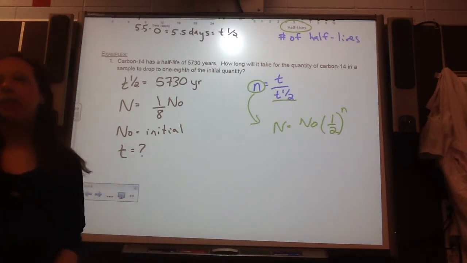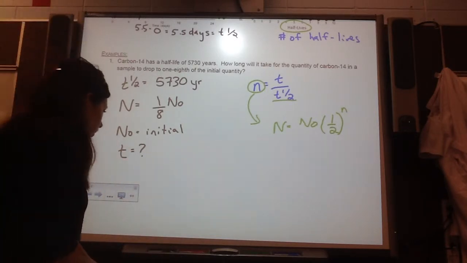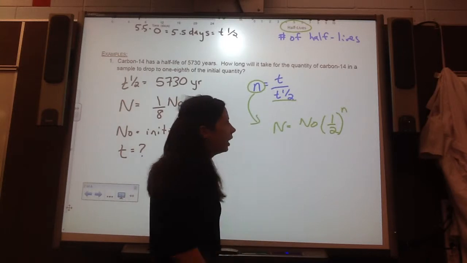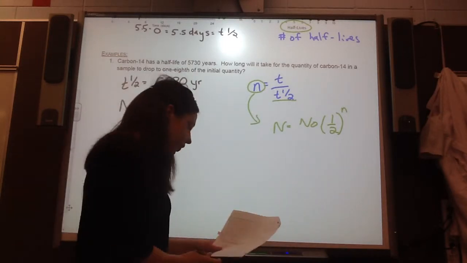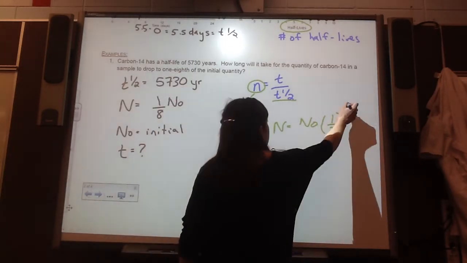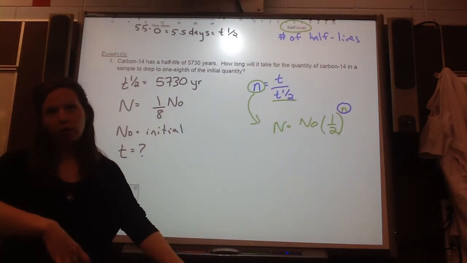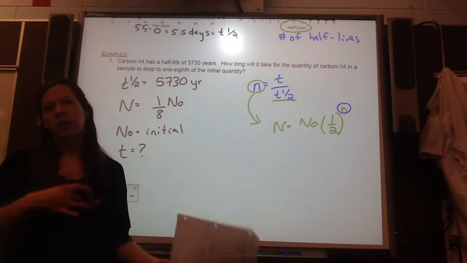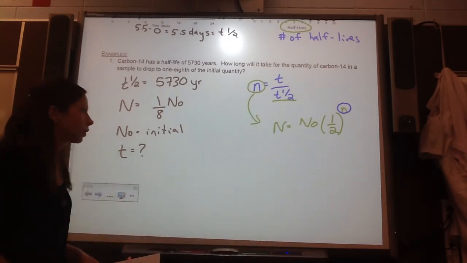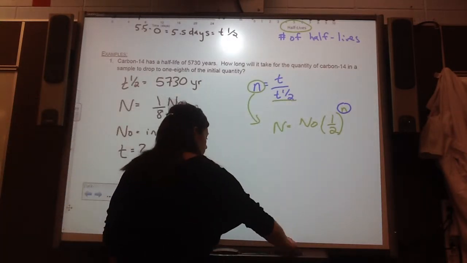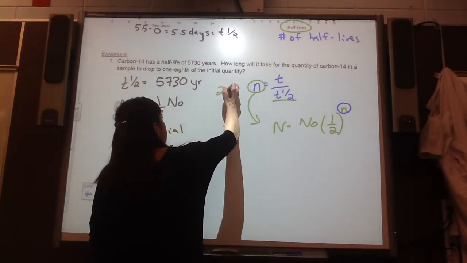Since this is an exponent equation and I'm going to have to solve for n, I'm going to have to put it into logarithmic format. So I'm going to convert the exponent into a log format. This will be my first calculation, and this is the second.